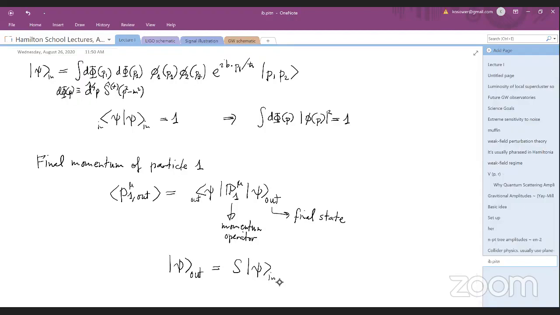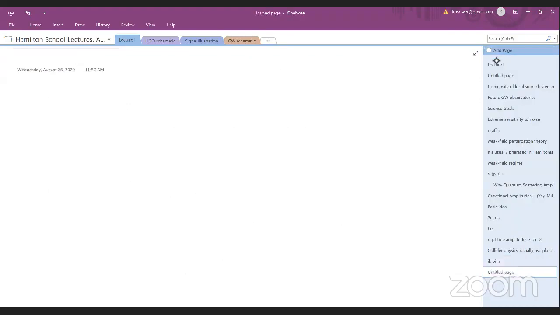So now we have a formula for the outgoing momentum where, in principle, we know everything exactly.